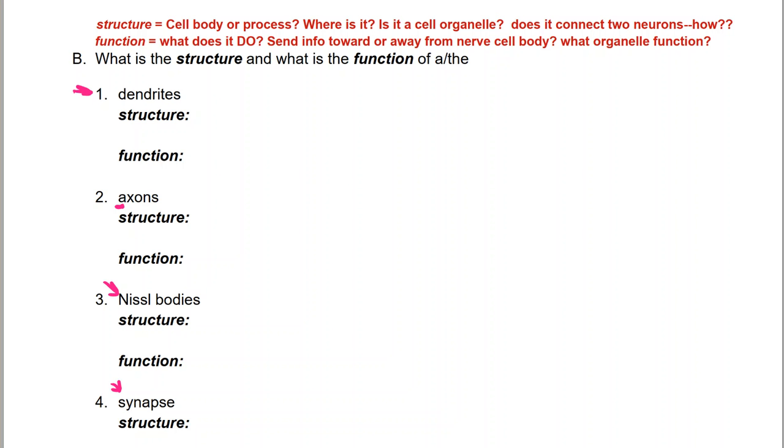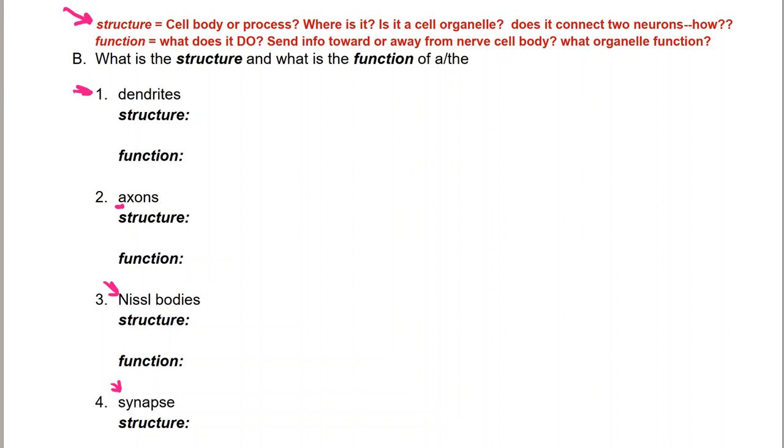And so when you think about structure, think about, is it a cell body of the neuron? Is it a process of the neuron? Where is it? Is it central? Is it outside? What is it made of? Is it a cell organelle? Is it the structure where two neurons talk to each other? Those are all structure questions, like what is it made of?